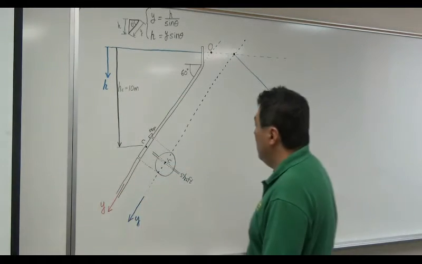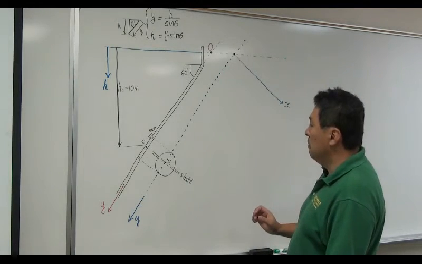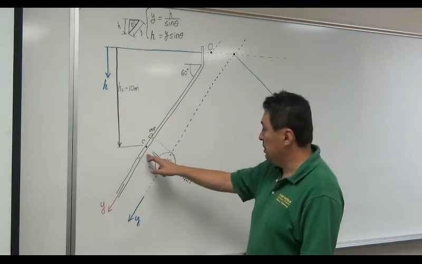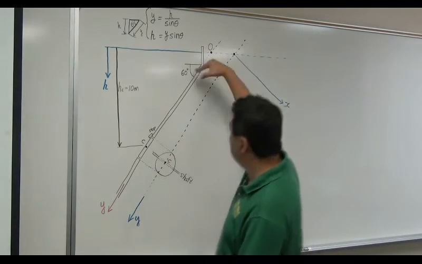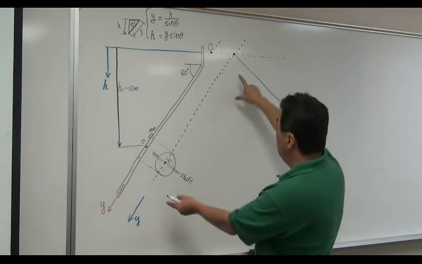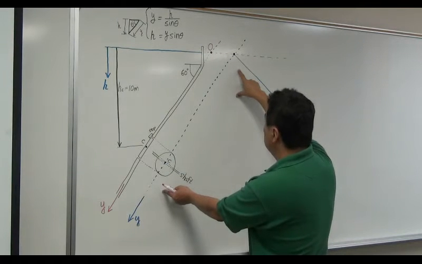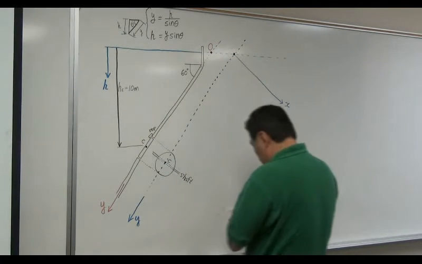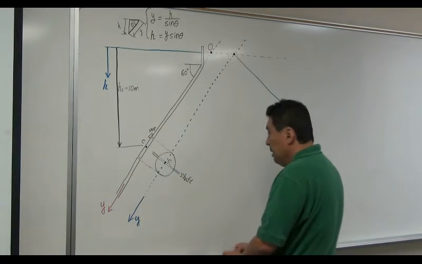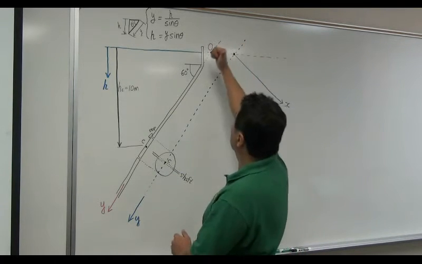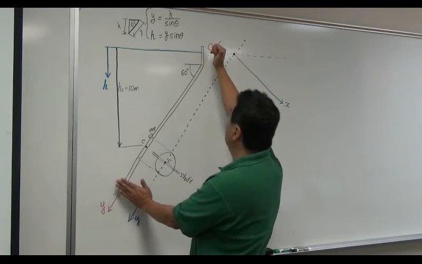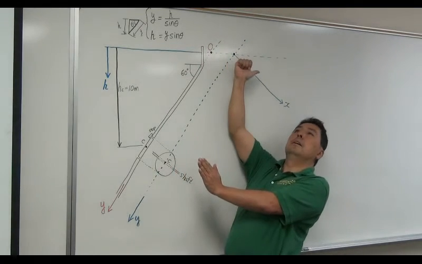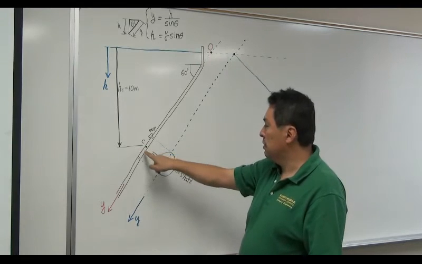Okay. Now, however, sometimes I want to take a look at this particular gate from the direction perpendicular to this plane. So that's why I'm going to illustrate it for you. This is the coordinate system, this is x, this is y, rotated 90 degrees, showing you the cross-section of this gate.